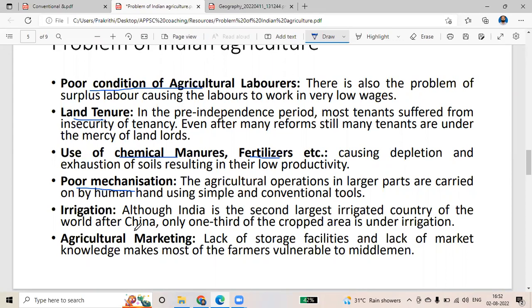But if you are depending on monsoon only, we can cultivate the crop only during the time of this monsoon. So multiple cropping or double cropping will become a problem. So productivity again gets reduced. So we are trying to improve these irrigation facilities. Then agriculture market.